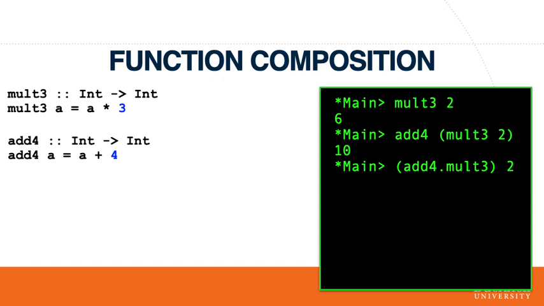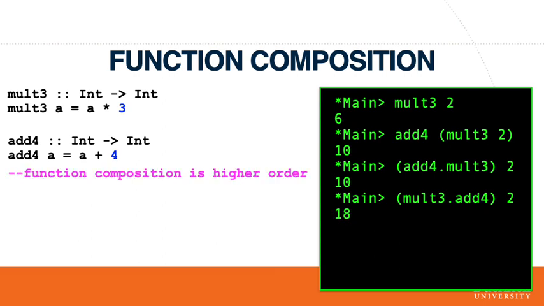So add 4 dot multiply by 3, applied to 2, is going to first multiply 2 by 3 to get 6 and then add 4 to get 10. If we reverse the order, it would add 4 first. 2 plus 4 is still 6, but then we multiply by 3 to get 18.